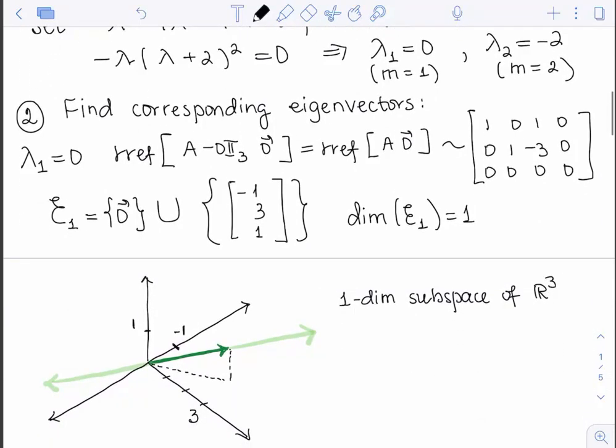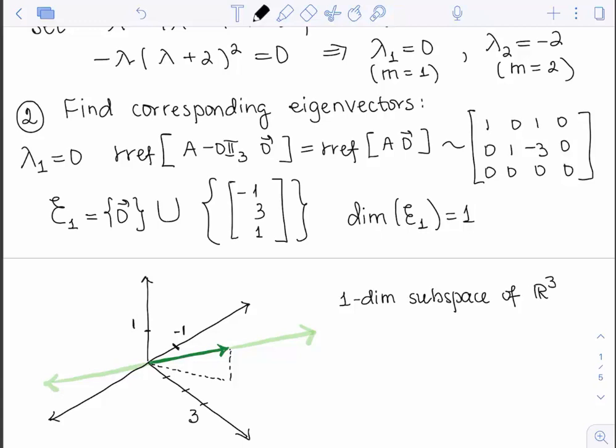And what does that look like? The eigenspace for lambda equal to 0 includes the 0 vector, which is not an eigenvector by itself. By definition, that cannot be an eigenvector. Together with it, the span of this basis element, -1, 3, 1. So that gives us a line in 3 space.